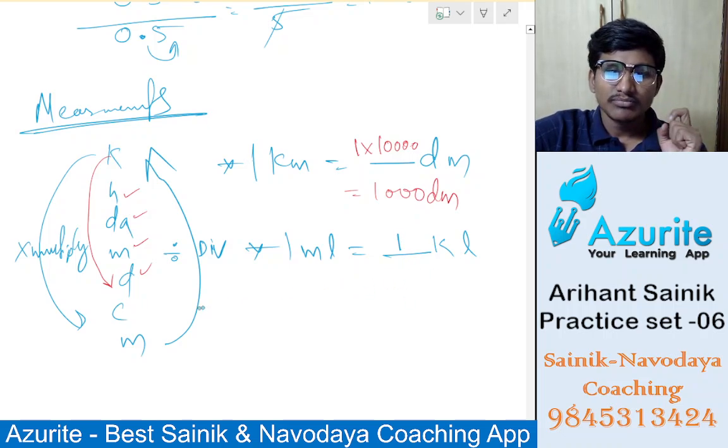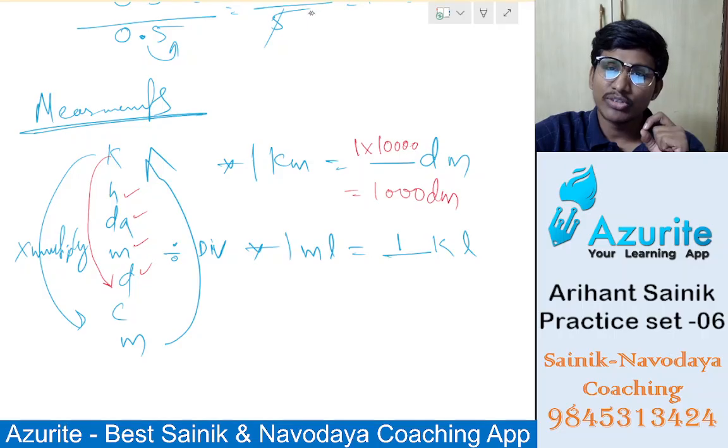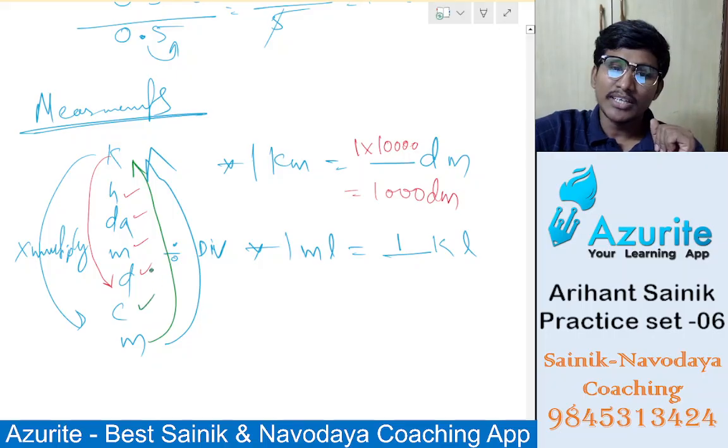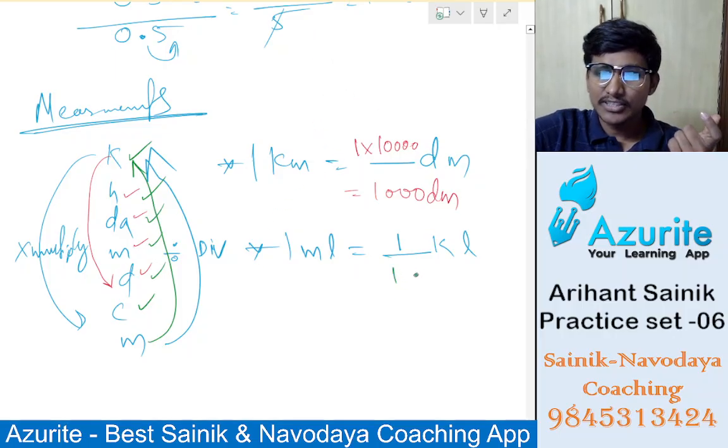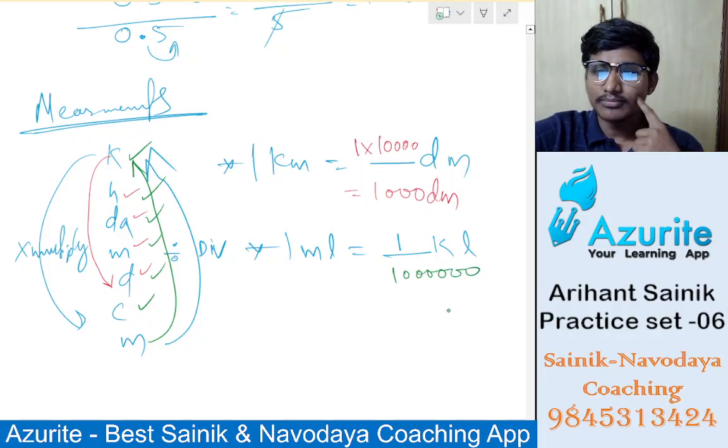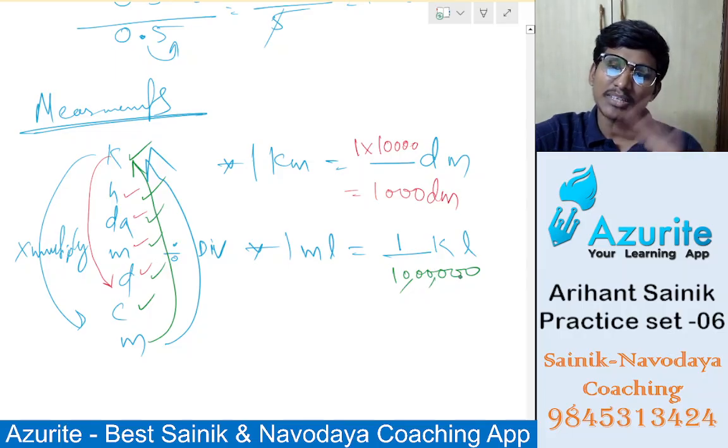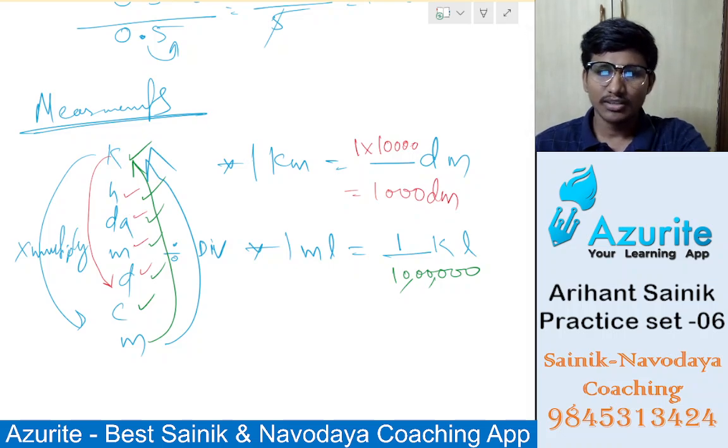From ml to kilo, how many steps are we going? 1, 2, 3, 4, 5, 6, so 6 zeros. That is 10 lakh. So 1 divided by 10 lakh is the answer in kiloliters. Understood? Do it like this.